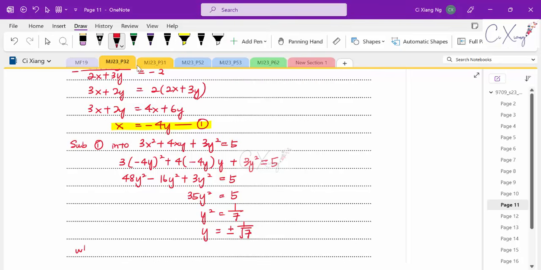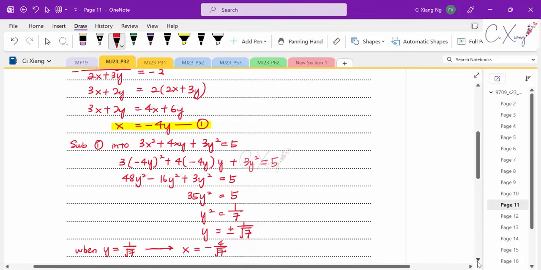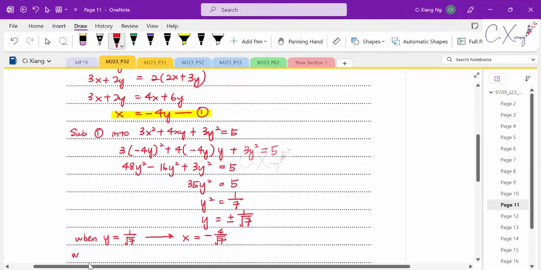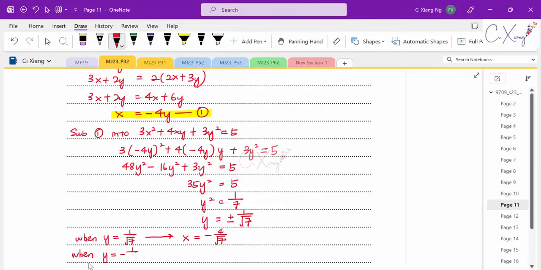When y equals positive 1 over square root 7, the value of x is negative 4 over square root 7. The other way around, if y equals negative 1 over square root 7, then the value of x becomes positive 4 divided by square root 7.